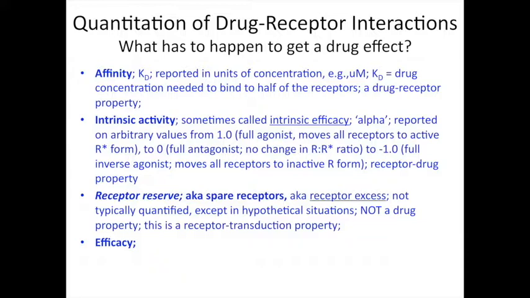Intrinsic activity is a unique drug-receptor interaction. Each drug will have an intrinsic activity within that receptor when it binds. Affinity is drug-receptor specific. Spare receptors have nothing to do with a particular drug. That's a physiology issue. But the outcome is different if there are spare receptors versus not when the intrinsic activity is less than 1.